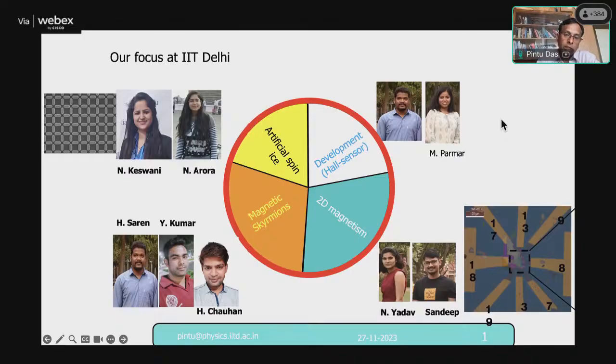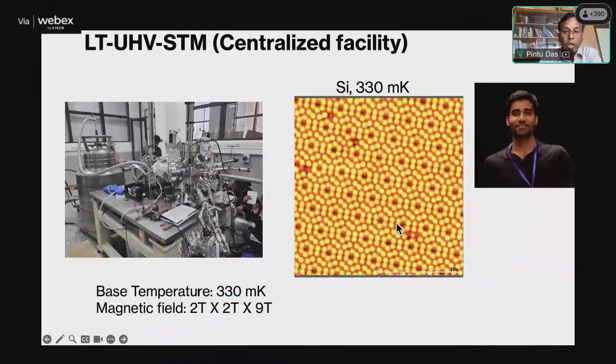We are looking at artificial spin ice. Also, I'll briefly introduce. The lecture being of 1 hour, it will not be possible to go too deep into these materials or the problems, but at least there will be some introduction about those materials. And also recently we have started working on the van der Waals magnets, 2D magnetism. So that also I'll touch on during this talk.